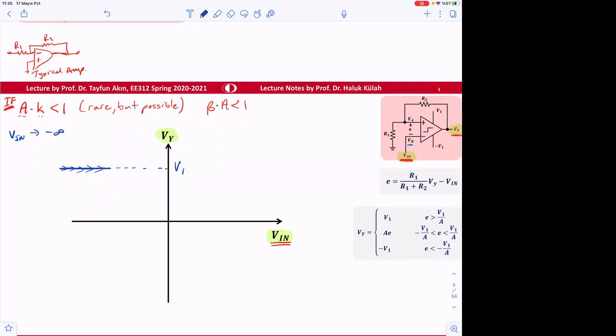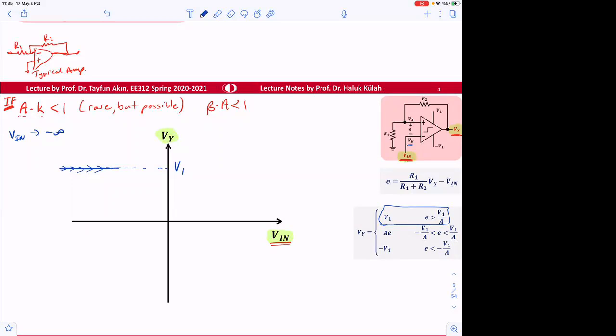And the output, remember this equation here, as long as E is larger than V1 divided by A, output is going to be remaining in here.